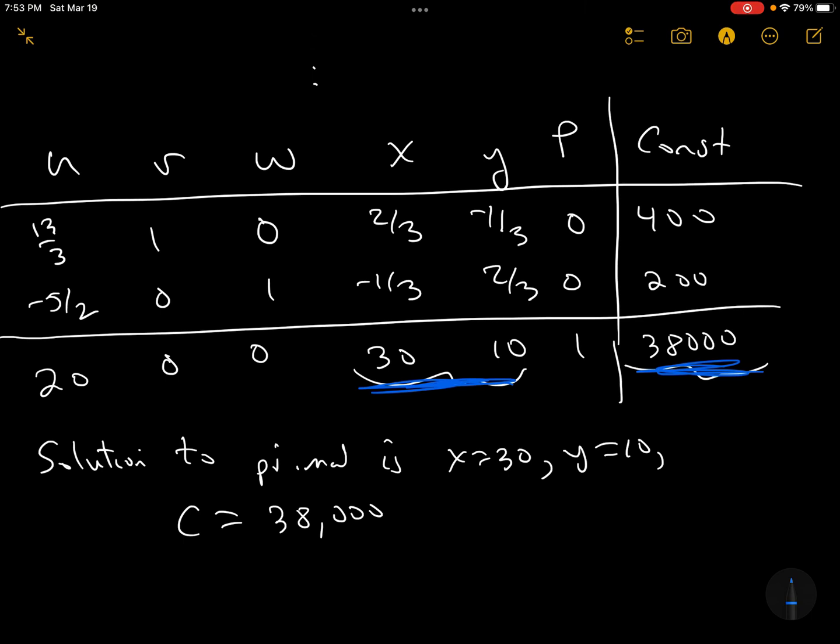And therefore, Everest should put 30 ads in x, which is newspaper 1, 10 ads in y, and their cost is $38,000, which is the minimal.